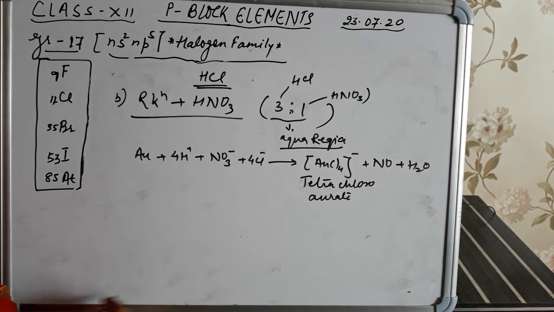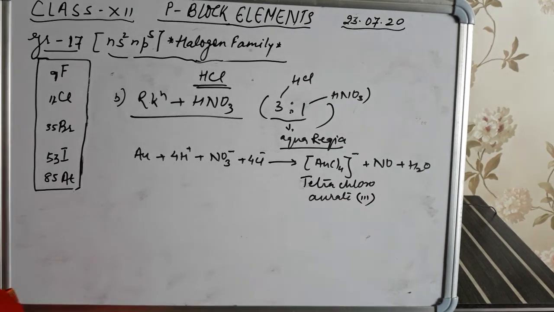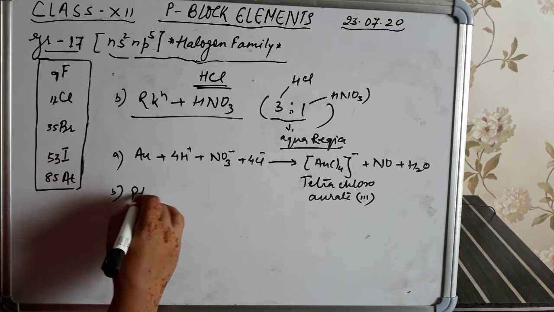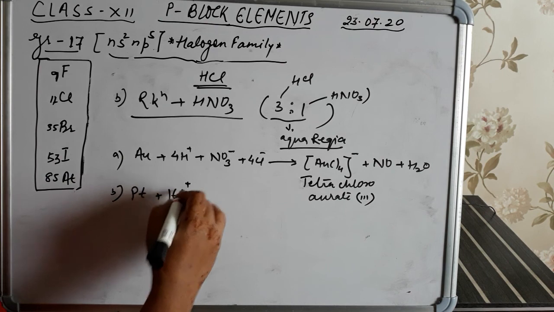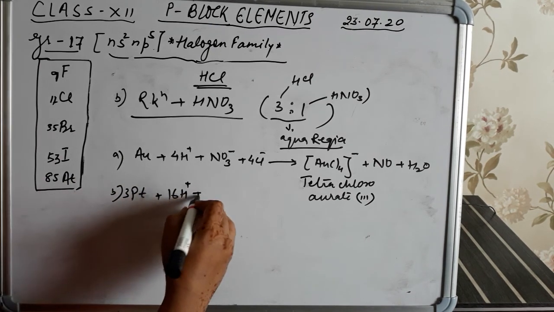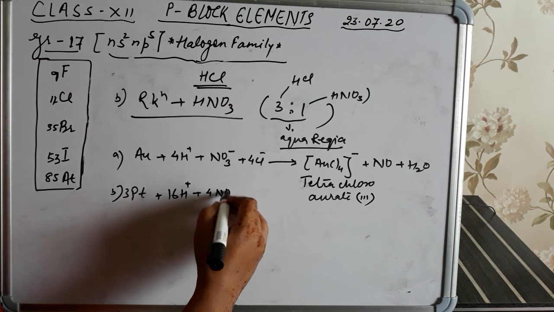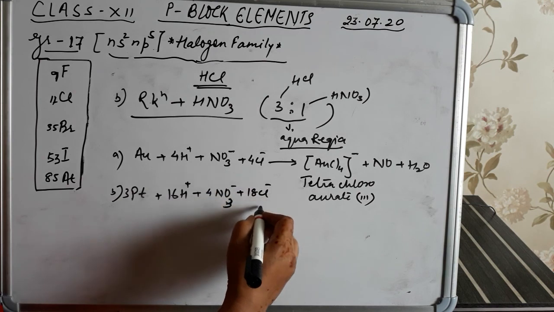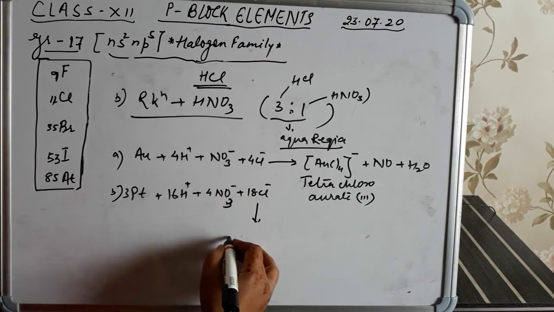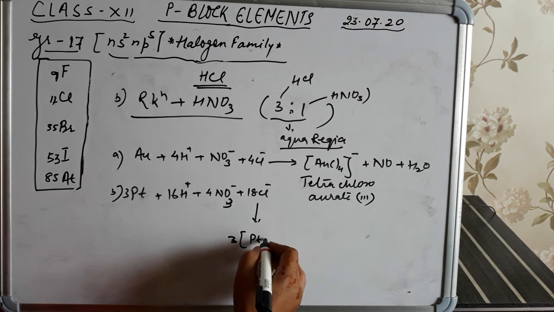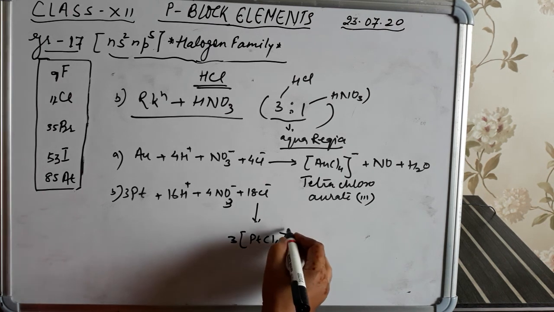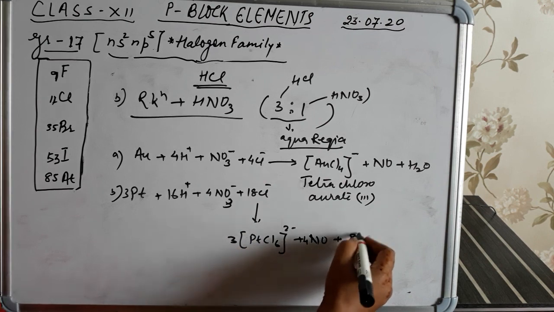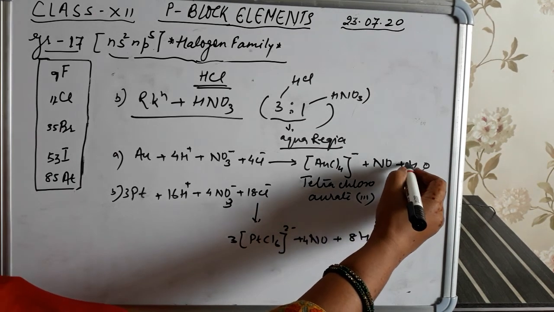And with platinum: 16H plus, 4 NO3 from nitric acid and 18 chloride from HCl form 2H2O.